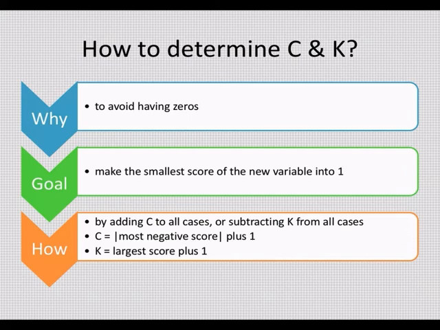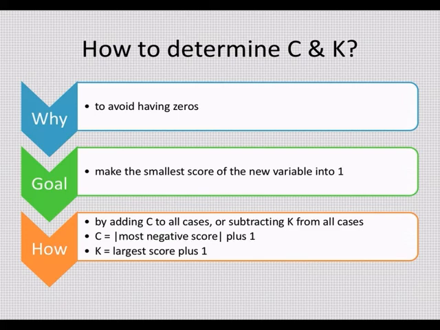So how do we determine c and k? We need to determine c because we want to avoid zeros. The goal is to make the smallest score of the new variable 1, by adding c to all the cases, or subtracting from k.